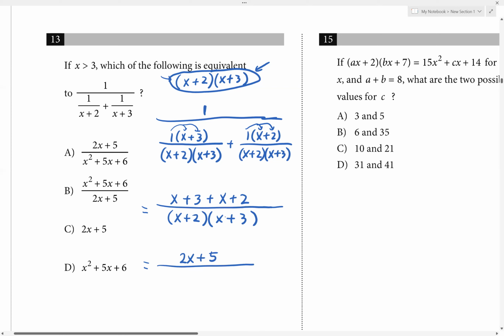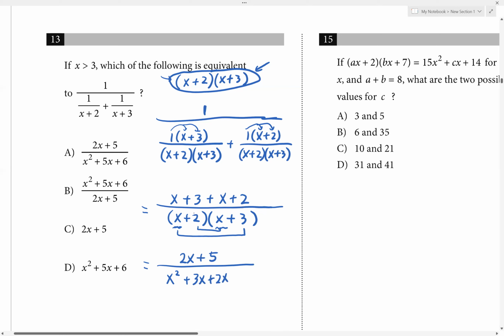On the bottom, we multiply these two out, like the FOIL pattern. First term times first term: x times x is x squared. Then the outer term: 3 times x is 3x. The inner term: 2 times x is plus 2x.